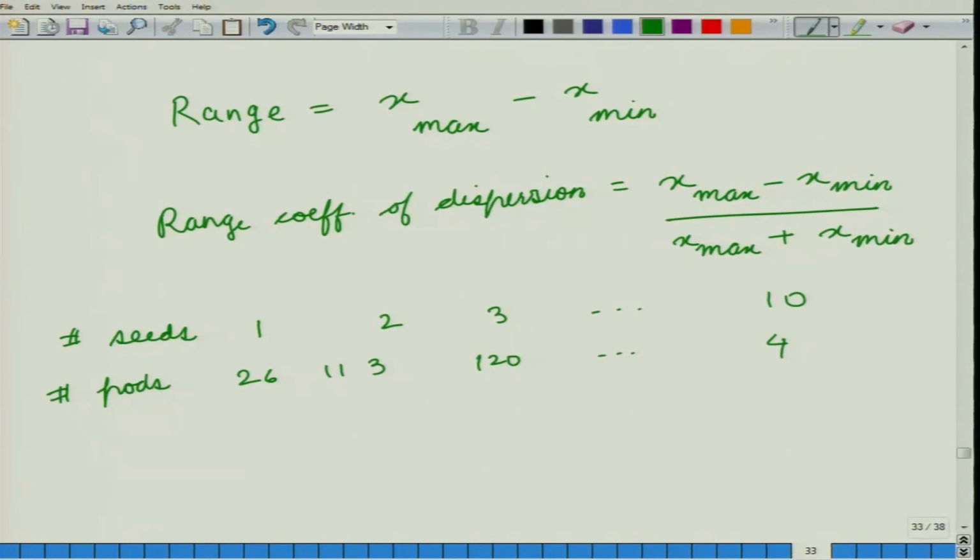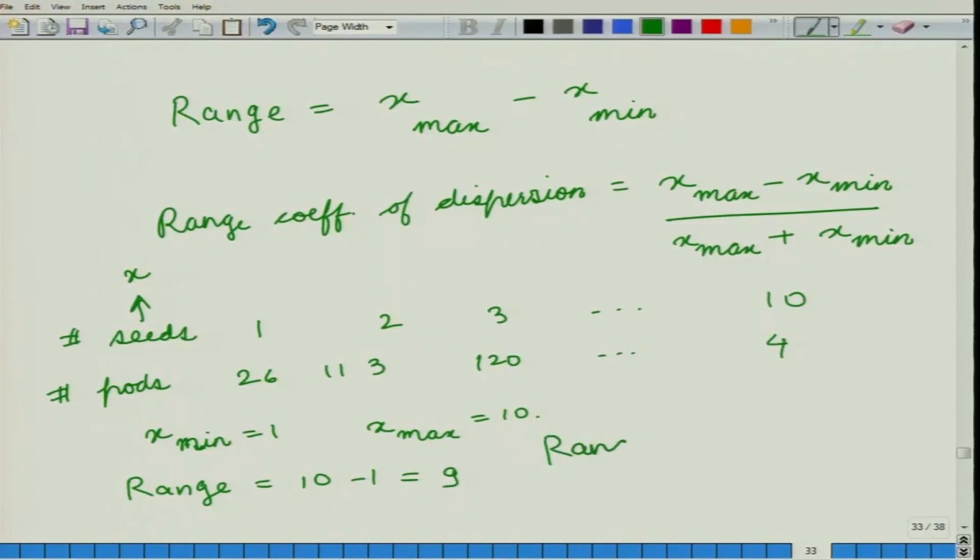Here we need to keep in mind that the number of seeds is our variable x. So we have x min equals 1, x max equals 10. So the range would be 10 minus 1 equal to 9. So that is the range of this distribution. The range coefficient of dispersion would be 10 minus 1 divided by 10 plus 1, which is 9 by 11, using this formula.